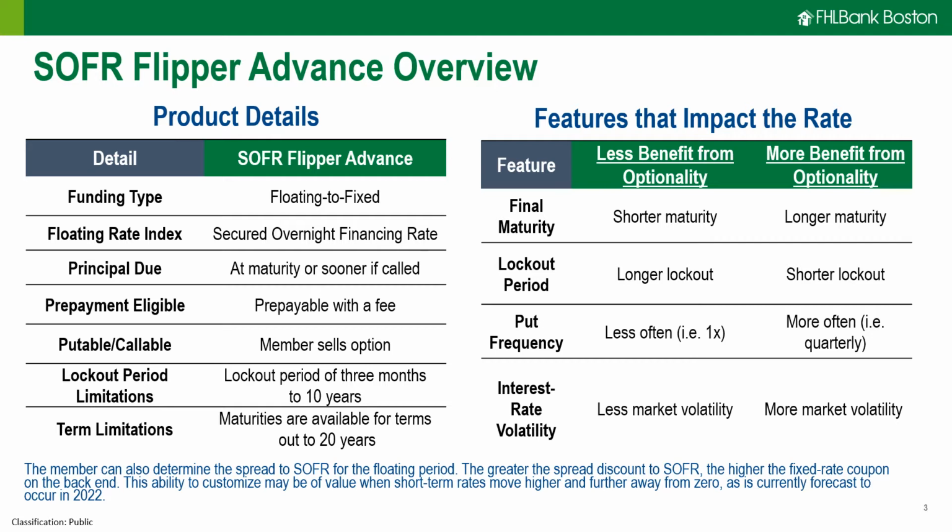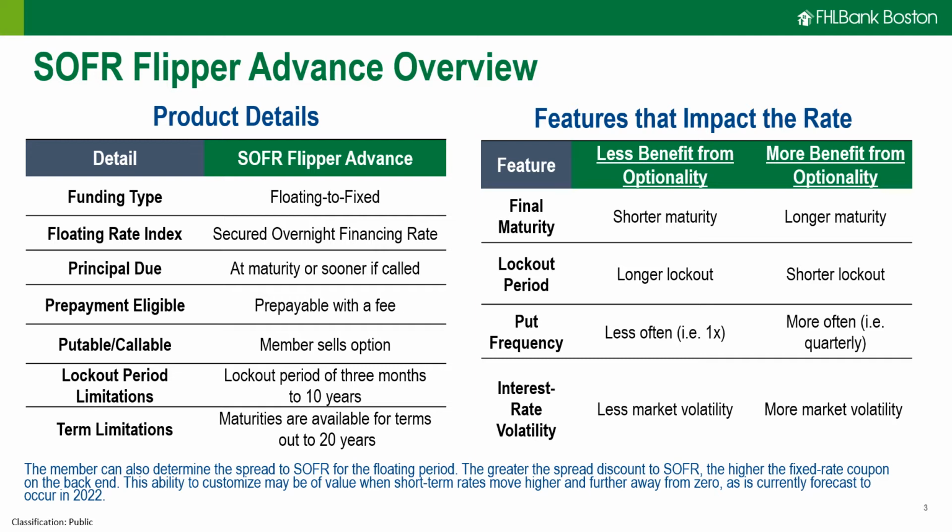So the last thing to point out on the structure is that for the first part of the advance, when it's in the lockout period, remember, it will be a floating rate subject to daily SOFR, the secured overnight financing rate. But the advance will be priced at a negative spread to SOFR, and that spread can be customized as well.